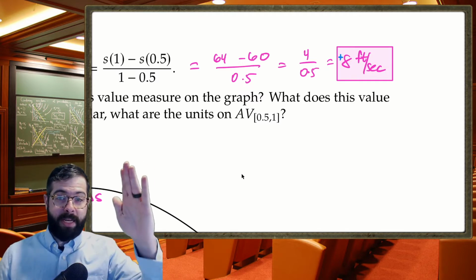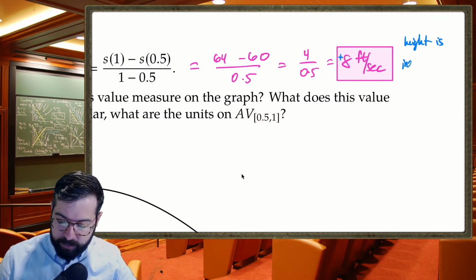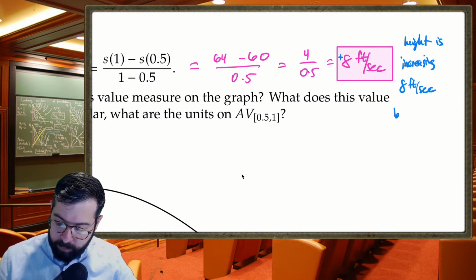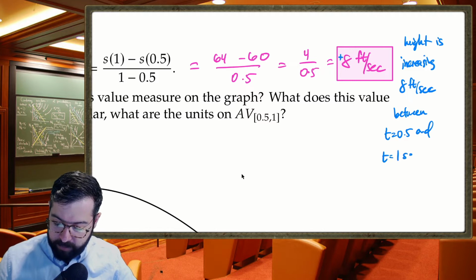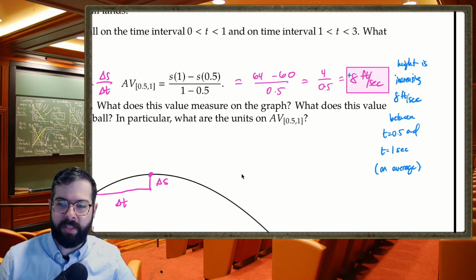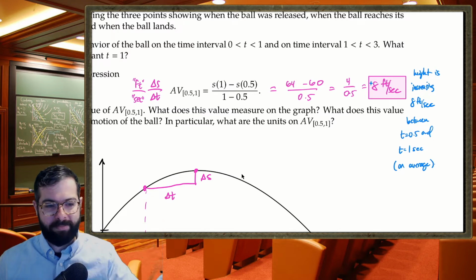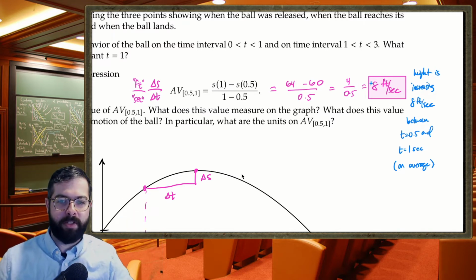So the height is actually increasing 8 feet per second between t equals 0.5 and t equals 1 second. And I'm going to put in this little qualifier here, on average, because we're using the average rate of change. So we know it's got some curve to it, so it's not actually just this flat, constant rate. And then what are the units? We know that this is feet per second.